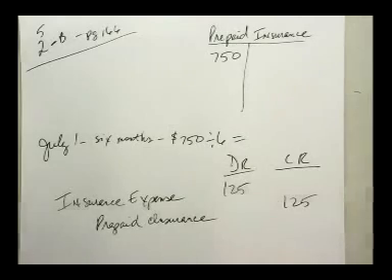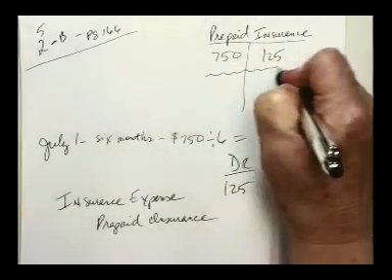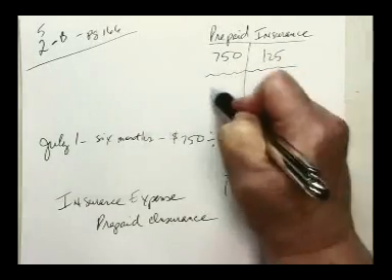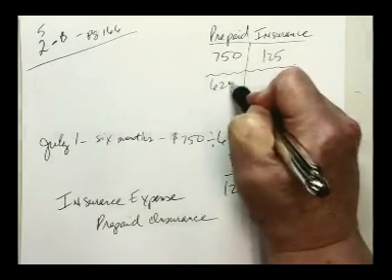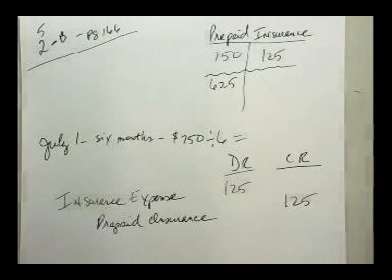And if I were posting into my T accounts, I would credit up here for $125. So at the end of month 1 now, my only remaining insurance is what, $625? I've got $625 left of prepaid insurance after month 1.